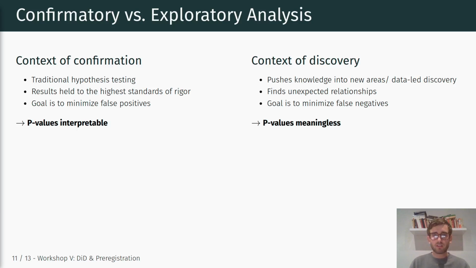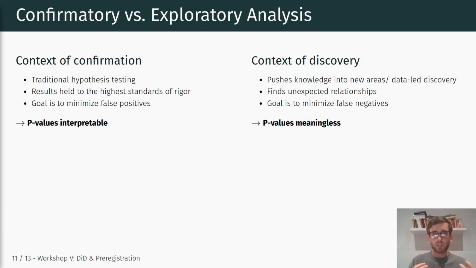And here the key point is that p-values are essentially meaningless. P-values give us the probability of observing our data under the assumption that the null hypothesis was true. That's what the p-value tells us ultimately, over repeated sampling.